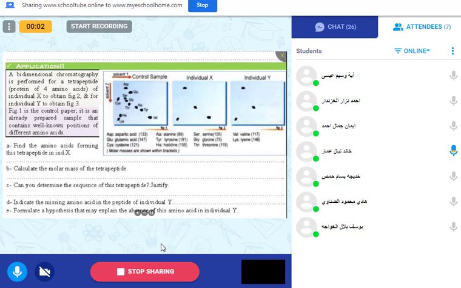From the control, by comparing with the control. So here you identify each one of them by comparing with the control. And then you continue the questions.